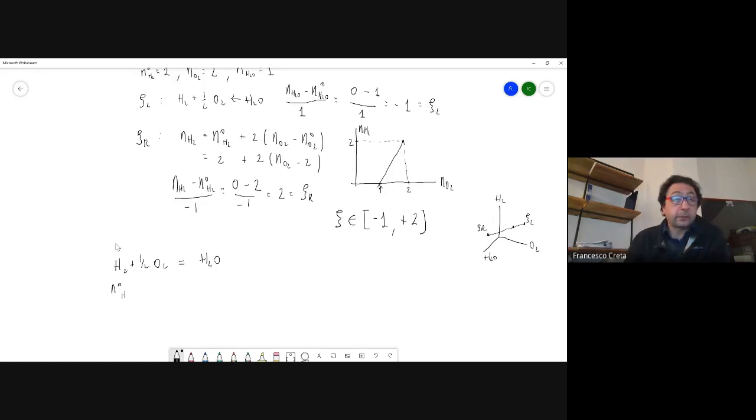So you can start from 3 moles of H2, 2 moles of O2, and whatever, 3 moles of H2O. So you see now that you can start from any number of moles, clearly.